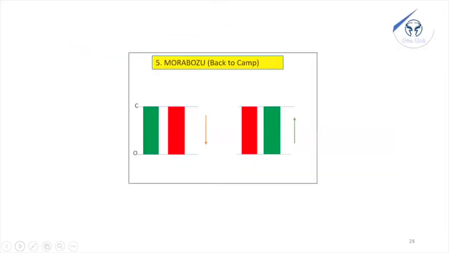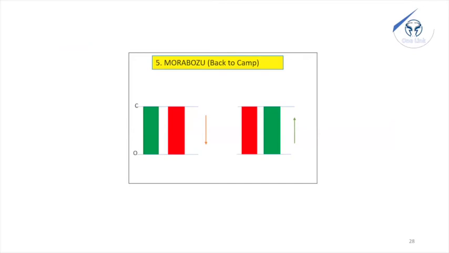And this is another pattern, we call it the Marubozu pattern. You can see two candlesticks with no wick at all, side by side.